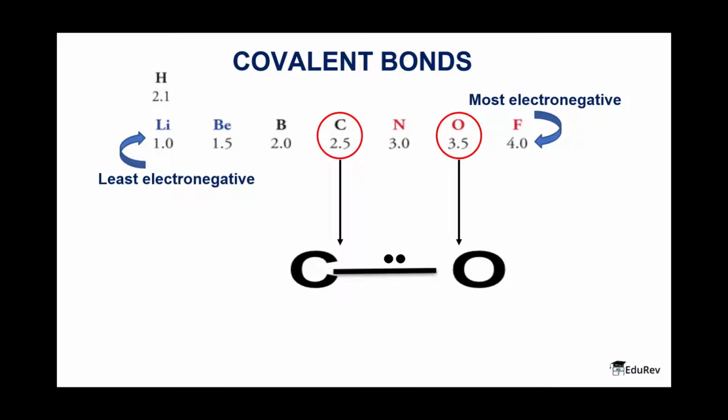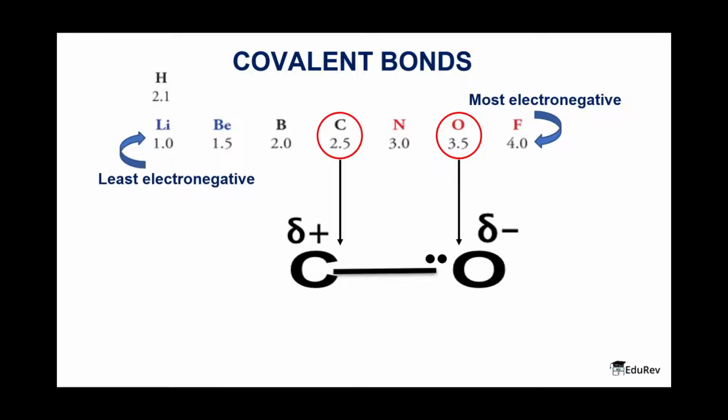But as I can see, oxygen is much more electronegative than carbon, which means it is going to attract the shared pair of electrons toward itself more. So instead of lying in between C and O, the shared pair is going to be somewhat closer to the oxygen atom, because of which a polar situation is created, which means negative and positive poles are created.